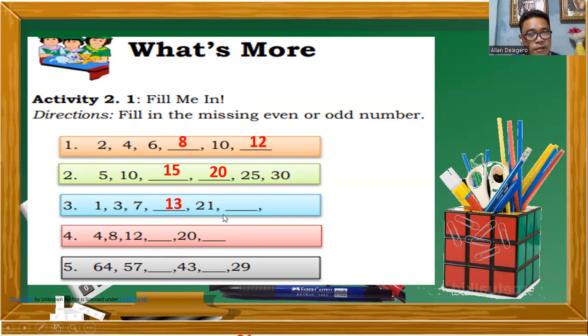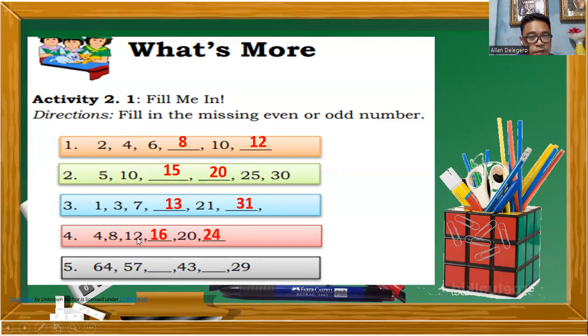Then number 3, 13 and 31. Okay, for number 4, the missing terms are 16 and 24.